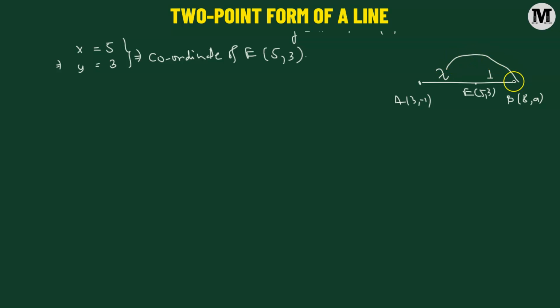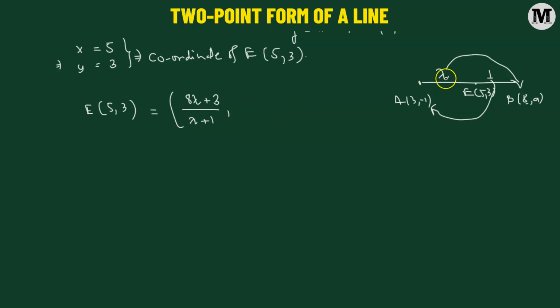Lambda will get multiplied to B and 1 will get multiplied to A. The coordinates of point E, (5, 3), can also be represented using the internal section formula. We'll start with the x coordinate. Lambda will get multiplied with the x coordinate of B, so that's 8 lambda, added to 1 times the x coordinate of point A, so that's 3, divided by the sum of the ratios, lambda plus 1.